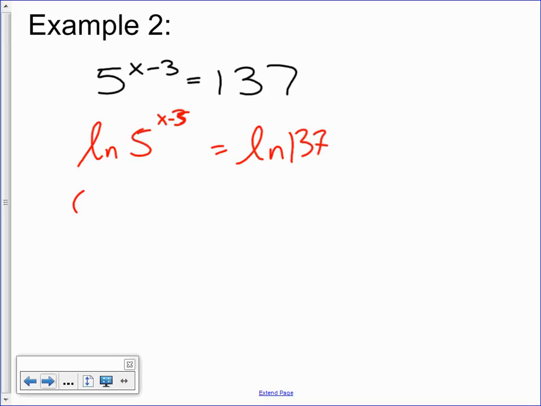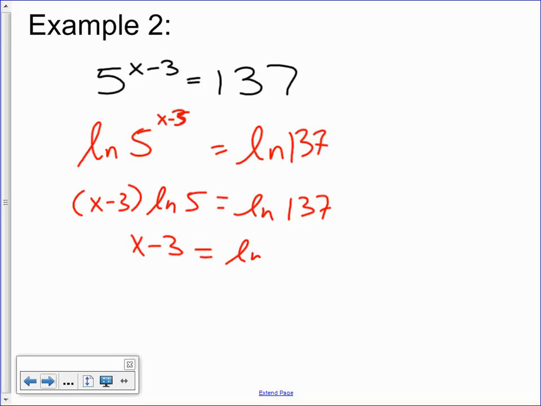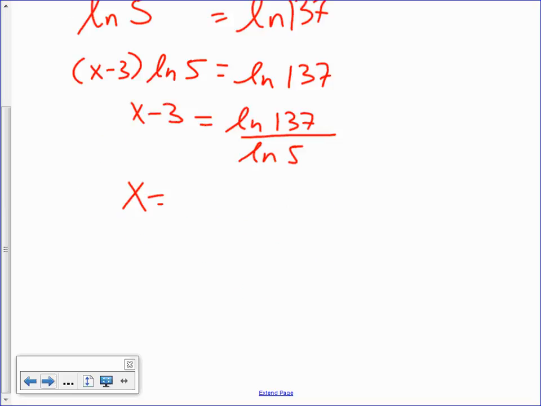Drop. x minus 3 times log 5 is equal to log 137. x minus 3 is natural log 137 divided by log 5. Add that 3. So x is equal to natural log 137 divided by natural log 5 plus 3.